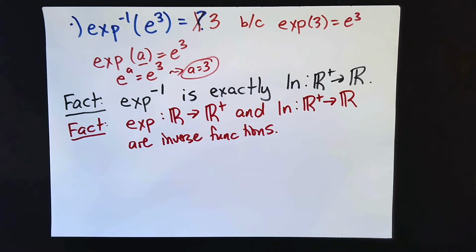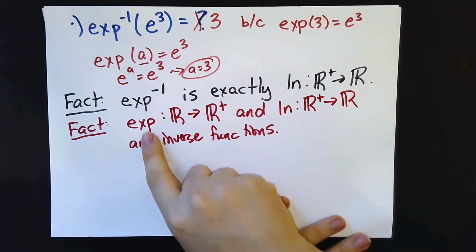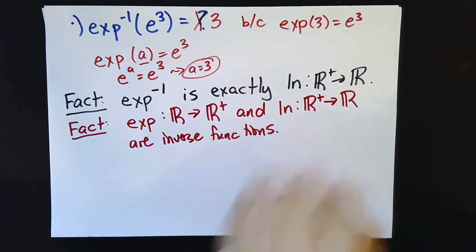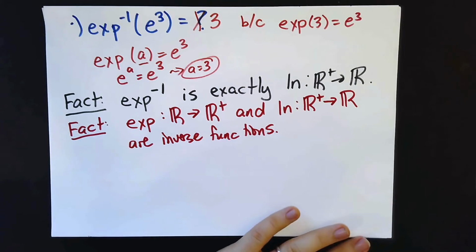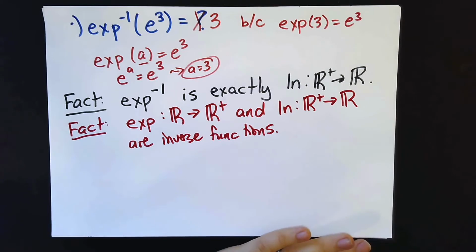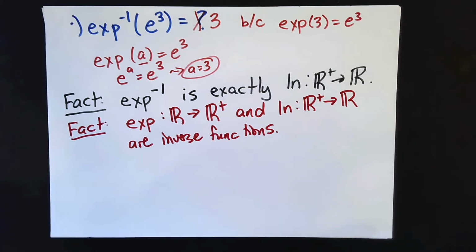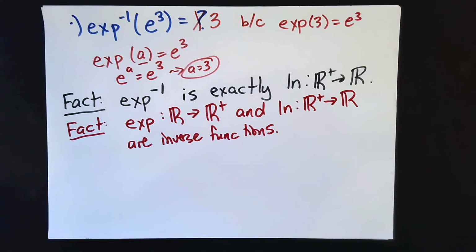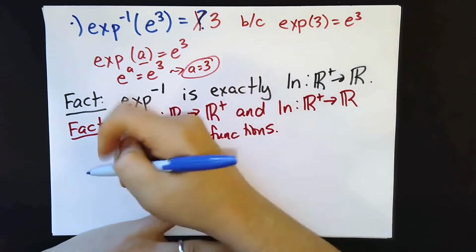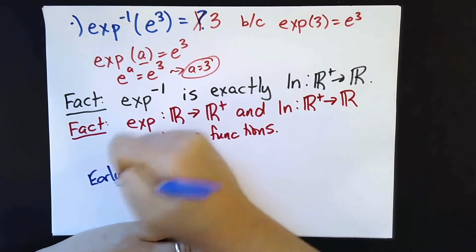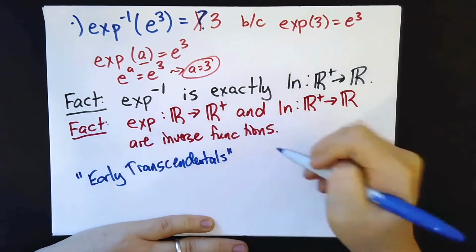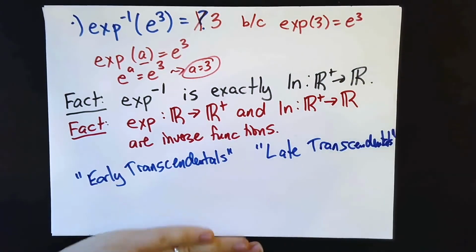Now, as a brief aside, this fact that e to the x and the natural log of x are inverse functions has actually impacted your life in a subtle way that you probably haven't realized. Namely, long ago when you were buying calculus textbooks, or were given calculus textbooks in high school or whatever, you had a title of your calculus book that said something akin to early transcendentals or late transcendentals.